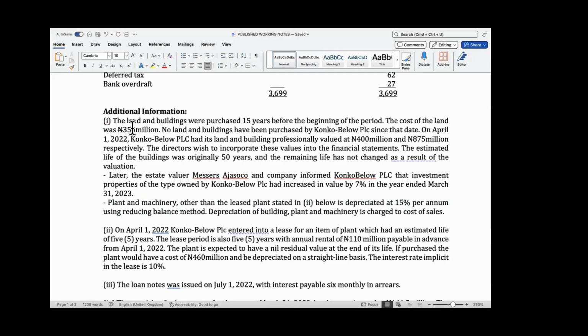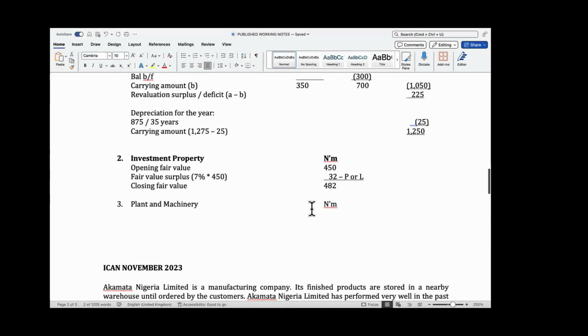Now I'm going to depreciate building using straight line too, since they gave us the useful life of the building. So that was why I changed. For the plant and machinery, let's depreciate using reducing balance. So what's the cost of the plant and machinery?